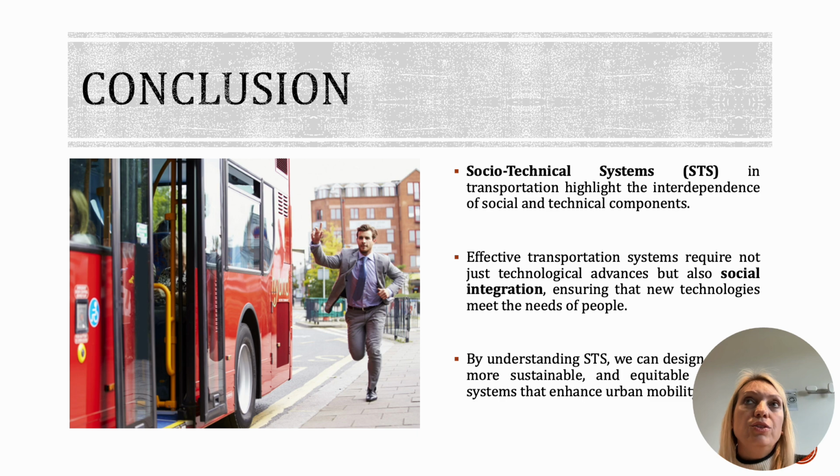So we can conclude that socio-technical systems in transportation highlight the interdependence of social and technical components. We just cannot speak about them separately. An effective transportation system requires not just technological advances but also social integration, ensuring that new technologies meet the needs of people.